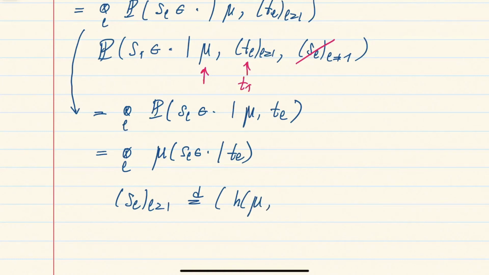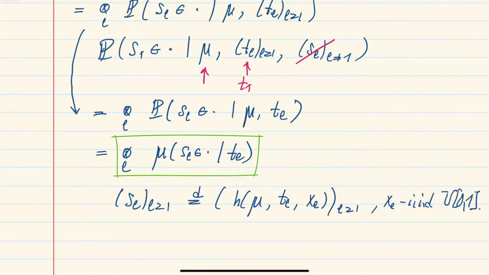For each SL, it depends on the coordinate TL, and then you can use independent uniform random variables XL to encode this fact that the coordinates SL are independent given mu and the sequence t, and the distribution of each SL depends only on mu and the corresponding t. And in fact, it's the same conditional distribution above, so we can use the same function h here. And so this describes a distribution of the sequence S given the sequence t and the empirical measure mu.